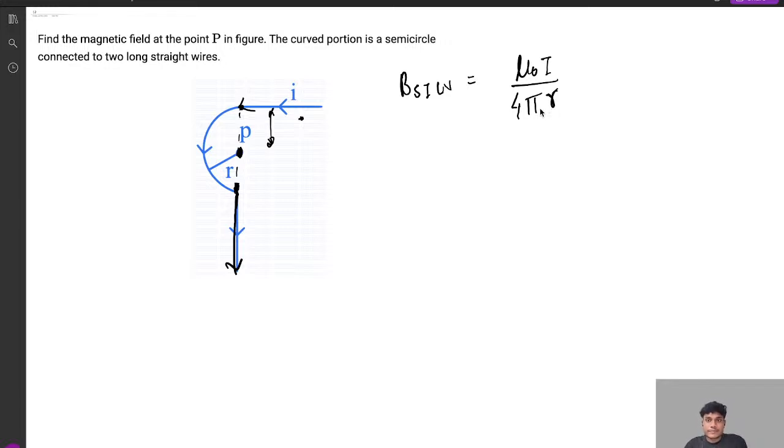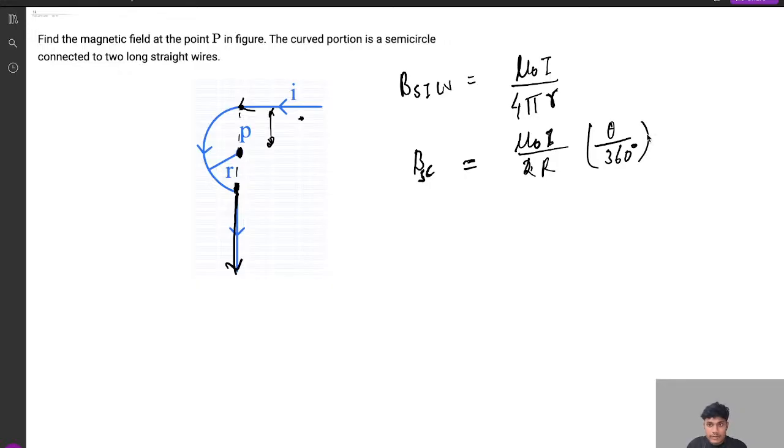Understand? And what is the magnetic field due to the semicircular wire? That is equal to mu naught I upon 2r into theta by 360, this was it, right?